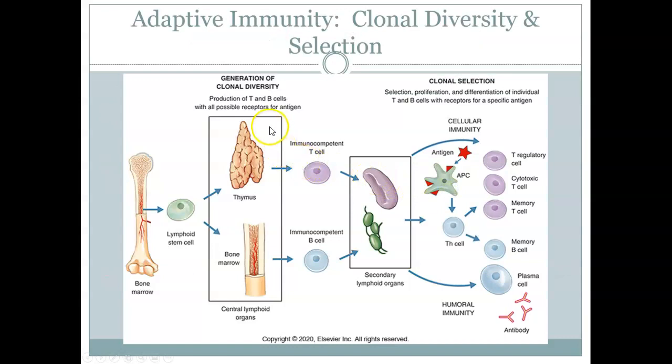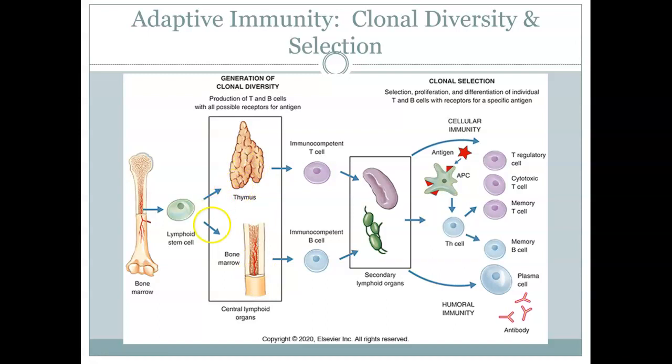And this is how our immune system is formed. We have bone marrow, and a lymphoid stem cell that comes from the bone marrow. That stem cell develops in the thymus or in the bone marrow to produce immune system cells.